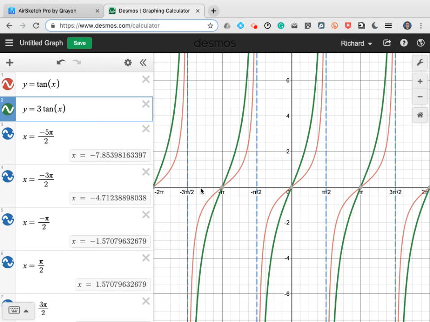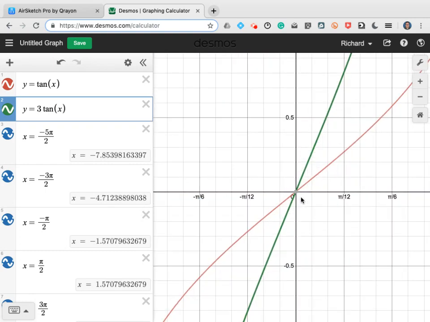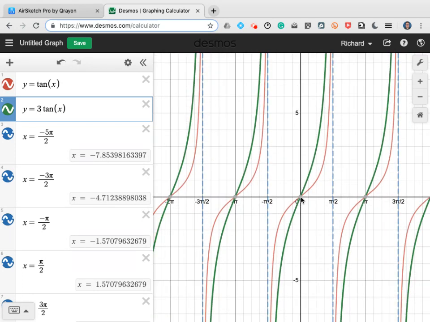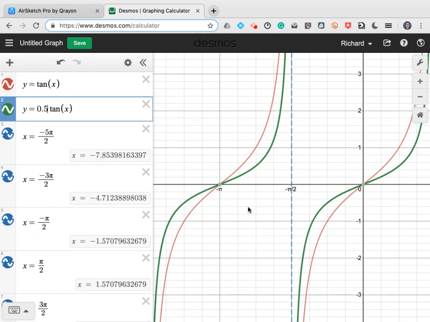Although if you know that there's a number in front of tan, you can exaggerate the curve or the lack of curve. Ultimately, you can't really tell unless you're graphing it against something else. That kind of makes sense. So if I go 0.5 of tan of x, it's just flatter towards the middle, like so, okay?